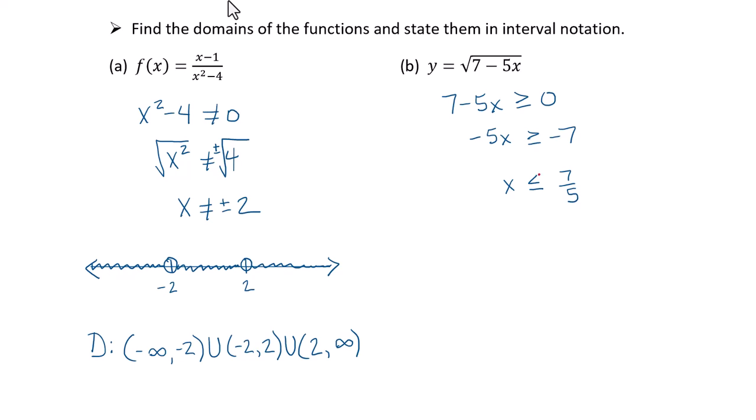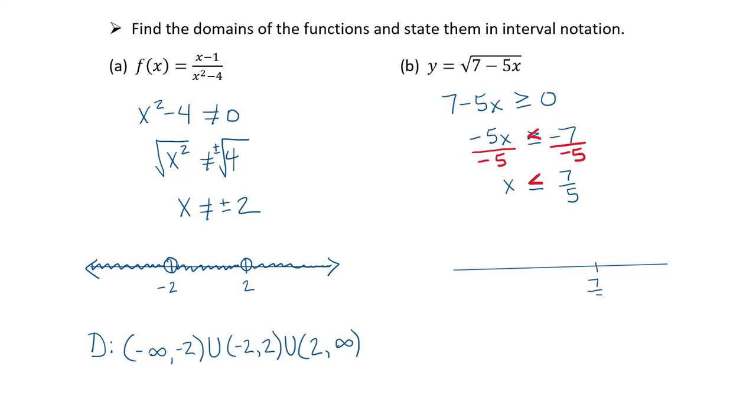The inequality sign flipped because at this part of the problem we divided both sides by negative 5, and that flips the inequality because you have negated a directional statement. So now x is less than or equal to 7/5.